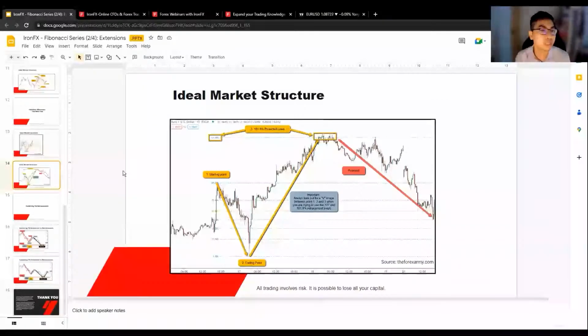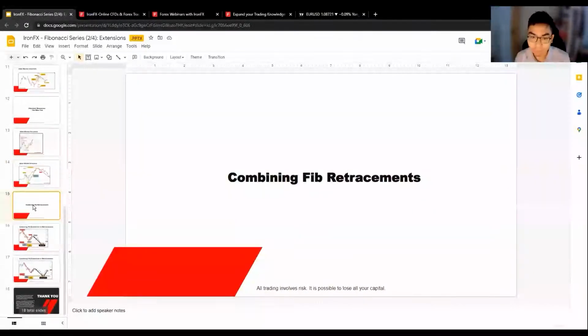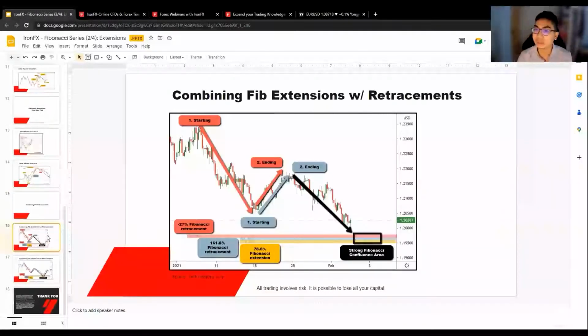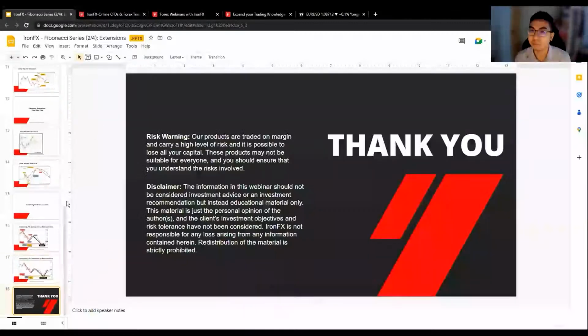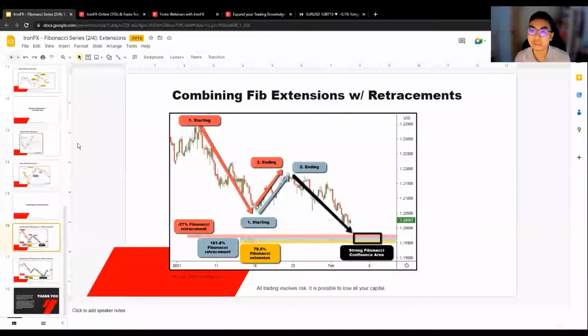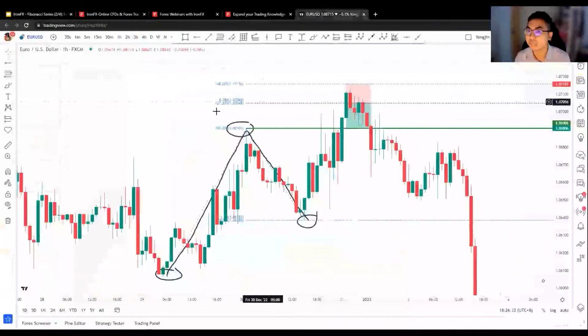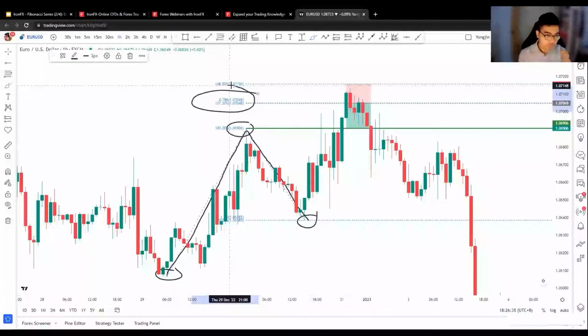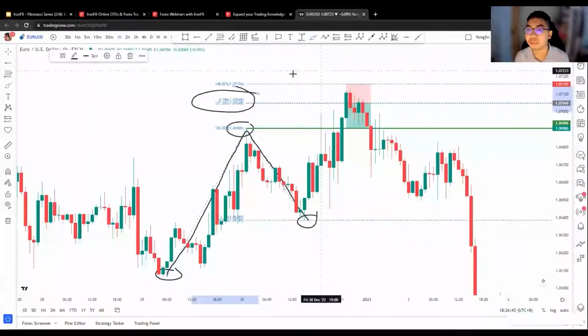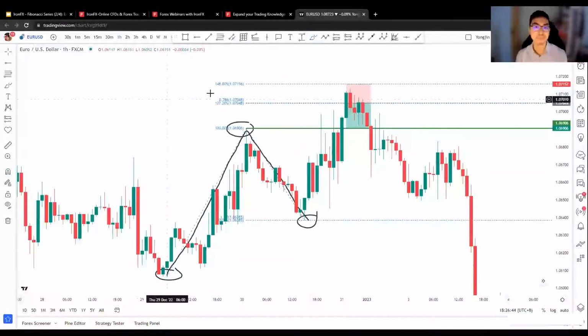So this is a way of reversal trading. Combining Fib extensions with retracement, like I showed you just now, the Fibonacci lines are intersecting together. That is why we have added confluence, and that's why we have increased confidence for the trade setup right there.